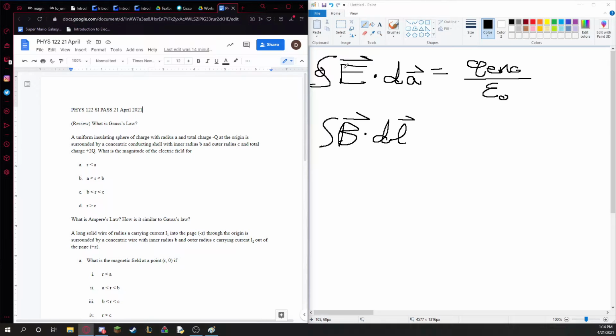It's mu naught times I enclosed. Yep. So it's sort of similar to Gauss's law. And how are the two laws sort of connected?